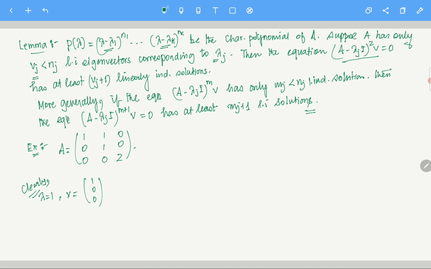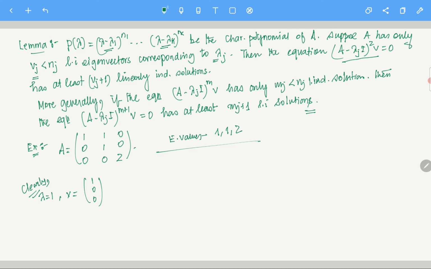So this is a very straightforward case. There is nothing to do here, you can just look at it. But you see, what are the eigenvalues here? If you just look at it, they are 1, 1 and 2. Clear?